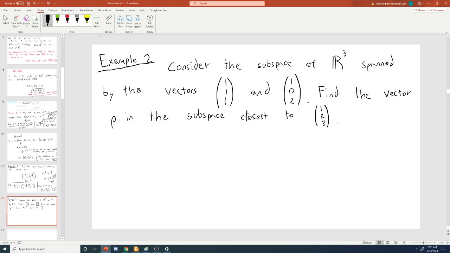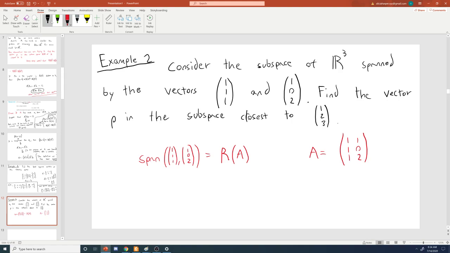We can recognize, first off, that the span of 1, 1, 1, 1, 0, 2 is the same thing as the column space of A, where A is the matrix with first column 1, 1, 1 and second column 1, 0, 2.